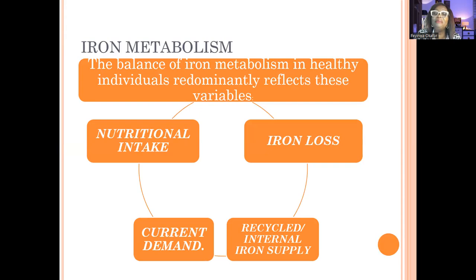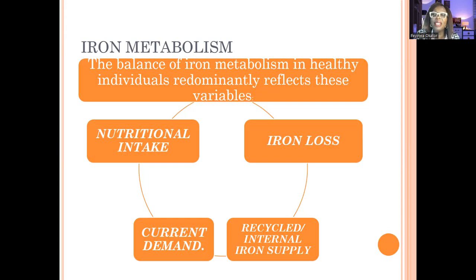And then current demands, the physiologic situation of an individual, the current demand of iron in the individual, versus the recycled or internal iron supply. All these four processes give rise to what we call the iron homeostasis. The interplay between these processes gives a balanced iron supply in the system.